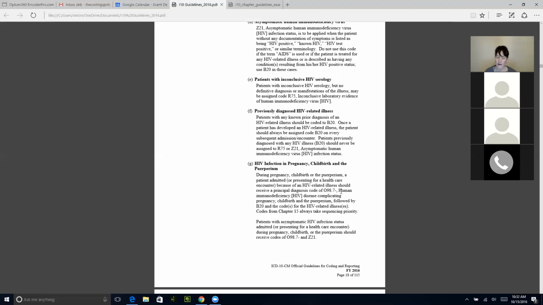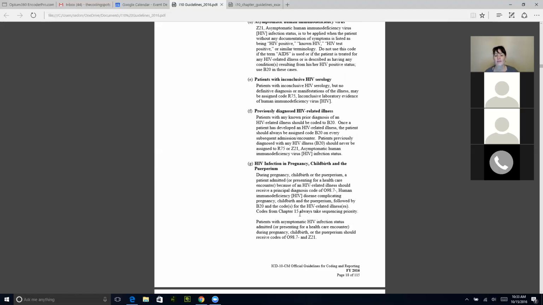If there's a pregnant woman, or somebody going through pregnancy or childbirth, and they have an HIV-related illness or HIV, it's very important that we sequence O98.7 as the principal, first-listed diagnosis, followed by B20 and the code for the HIV-related illness.